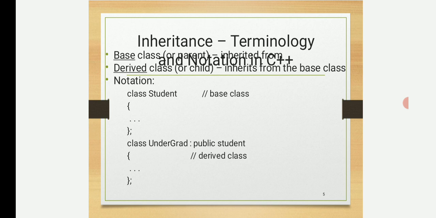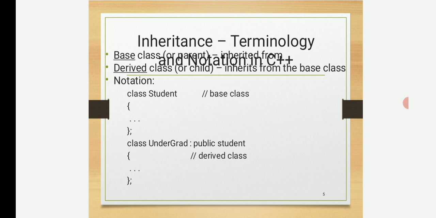Here the base class has some properties, that means methods and functions, and the derived class also has some methods and variables. So the derived class inherits from the base class. Automatically whatever we have in the base class should be inherited by the derived class. That's why base class is called parent class and derived class is called child class.